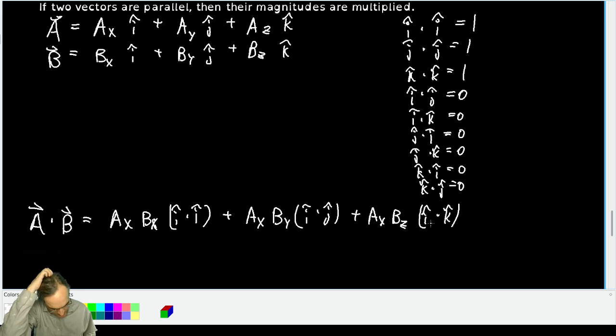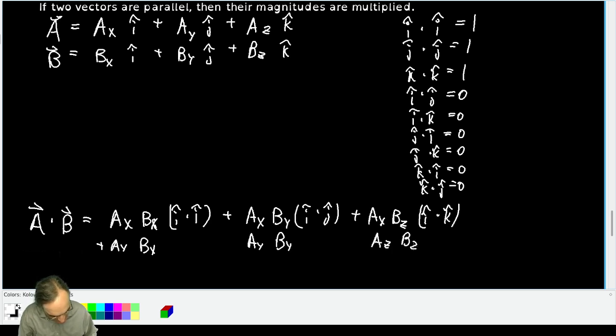And you can keep going through and going through and going through. There will be 6 more terms. AY BX, AY BY, AY BZ, J hat dot I hat, J hat dot J hat, and J hat dot K hat.